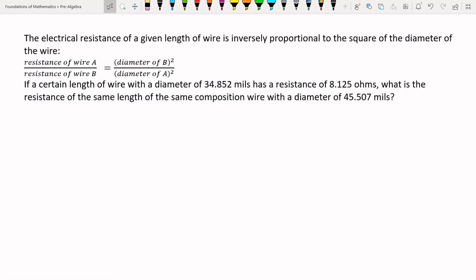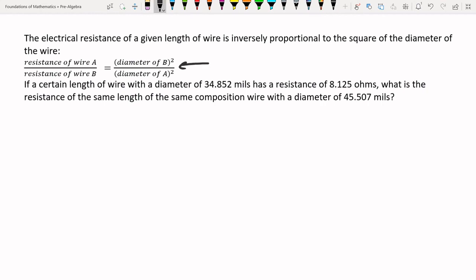All right, last problem. We have an electrical resistance of a given length of wire that is inversely proportional. So this is an inverse proportional, and it's not direct, it's not a 1-to-1 proportionality. It's actually proportional to the square of the diameter. That's what this equation is here.